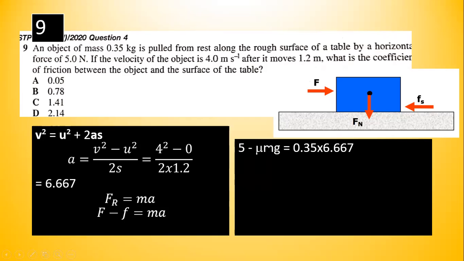You must remember we replace it by mu mg. Then your mass, that's your mass, and that's your acceleration. Multiply this value up and take it to the left, that's what we get. And then we divide by mg, that's your m, that's your g. Then you calculate it out.